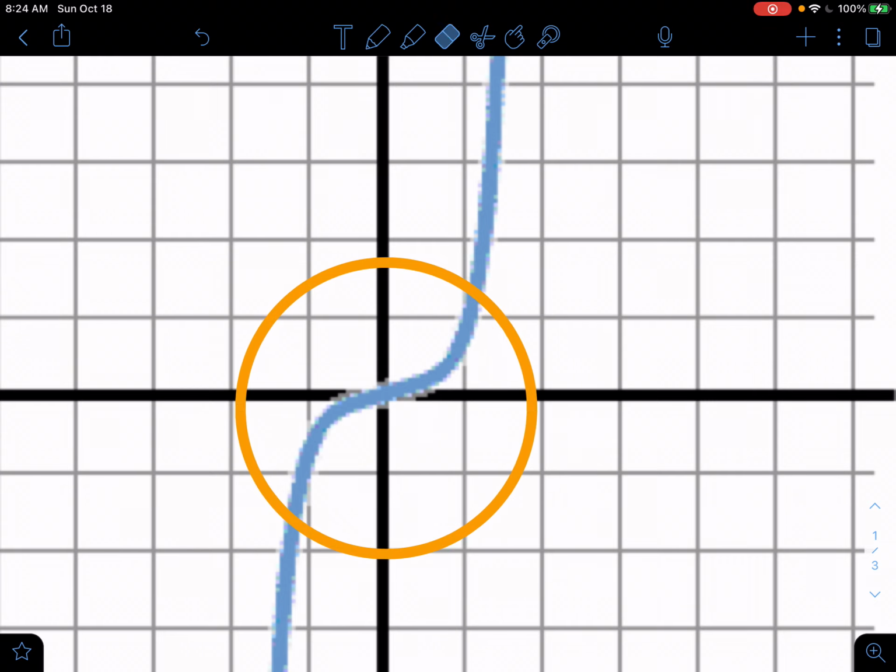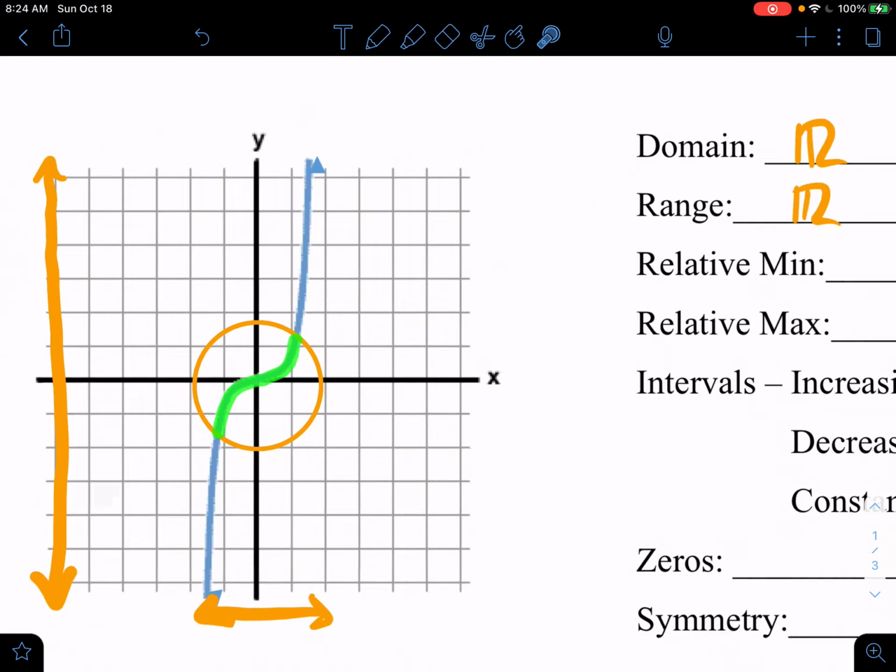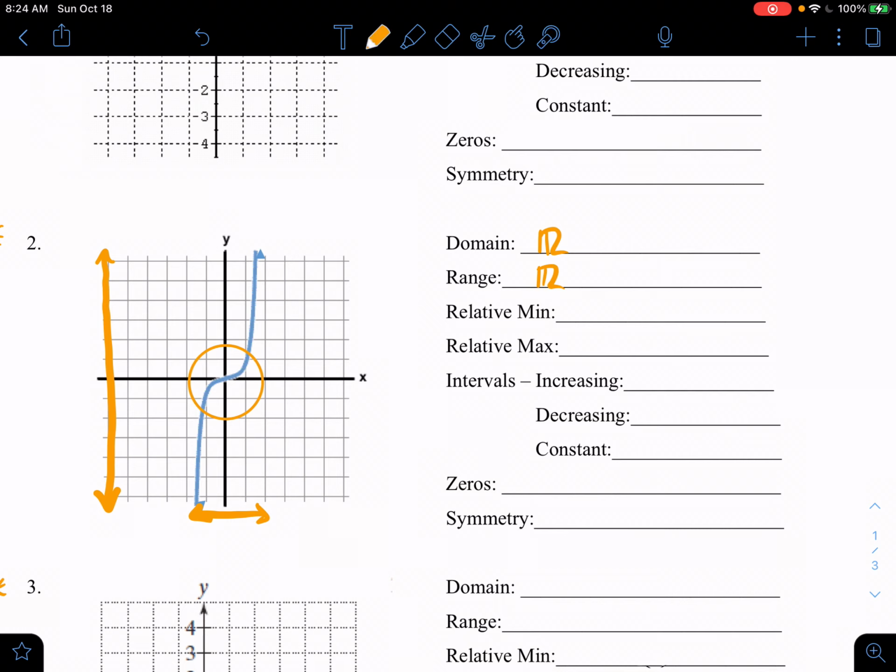Now, what's happening here is our graph is increasing, and then it just slows its increasing down, but it does keep still increasing. And it never had that spot where it switched from increasing to decreasing. And since that never happened, it means we don't have any relative maxes or any relative mins. So we will say none and none.